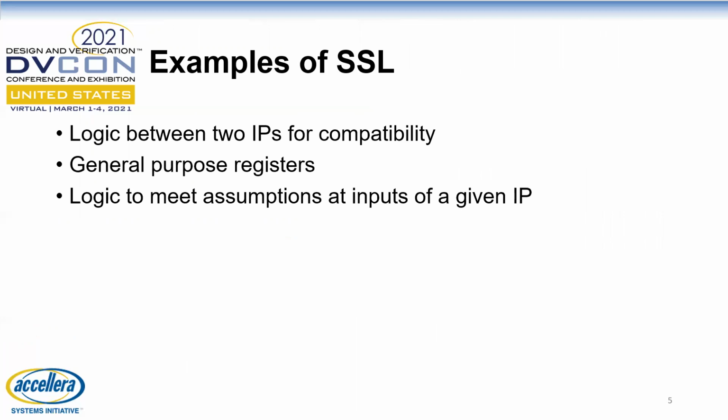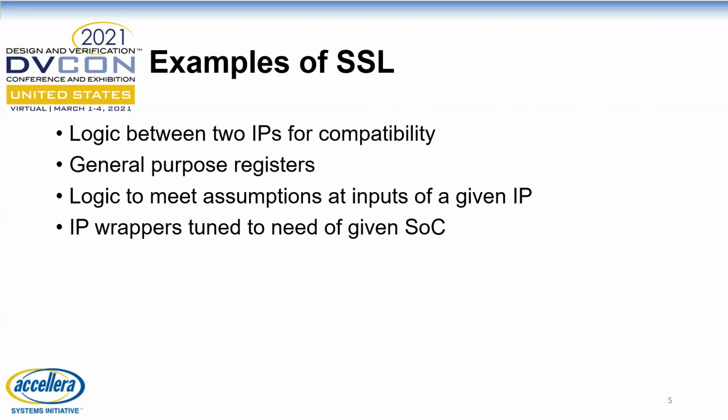Then there may be some logic added to meet assumptions at the inputs of a given IP, because generally IPs are made in a reusable fashion, but the SoC requirements may be slightly different. So the design team might have to add certain logic to meet the assumptions of the inputs. Then there may be IP wrappers tuned to the need of the given SoC. So again, these can be termed as SSL.